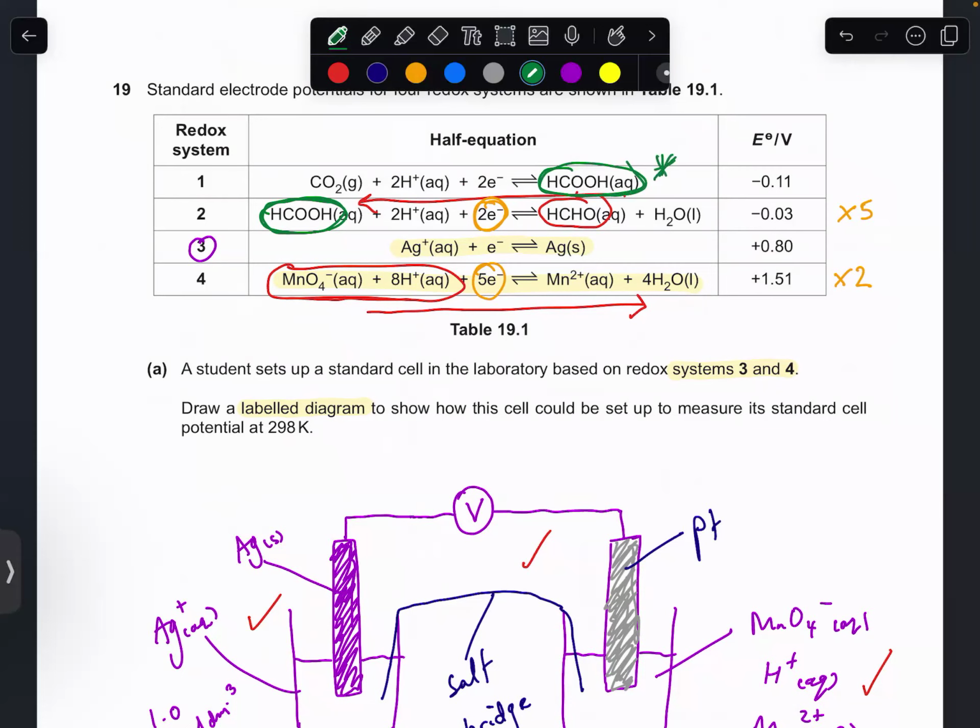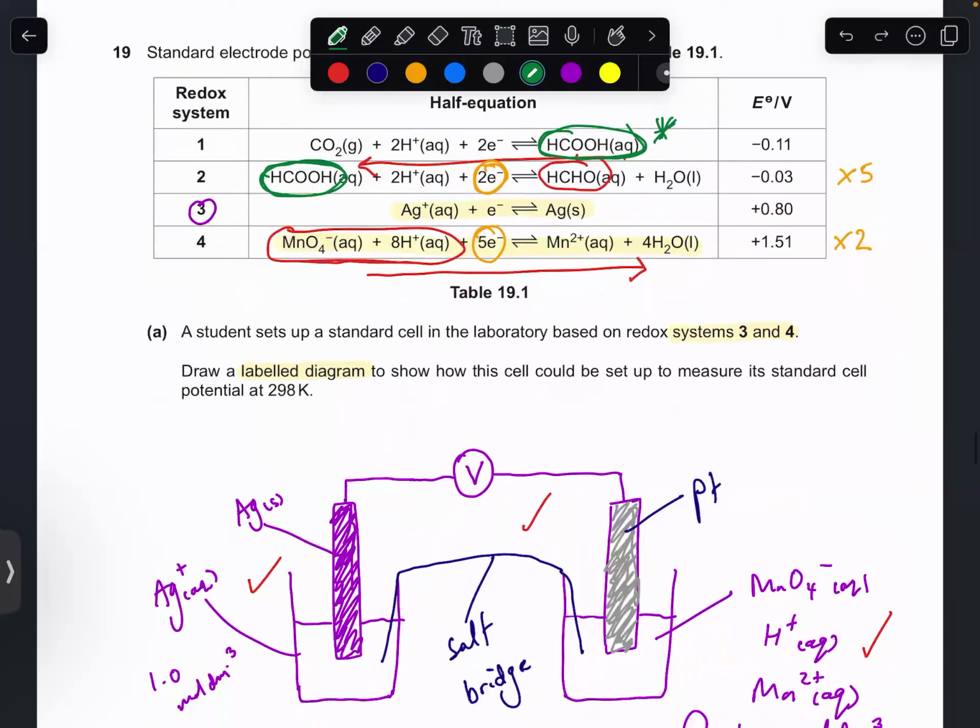Why? Because redox system 4 is more positive than redox system 1. So that's going to react with methanoic acid, this one over here, and that's going to produce some CO2. That's where the bubbles are from.